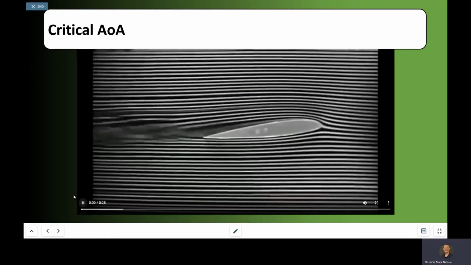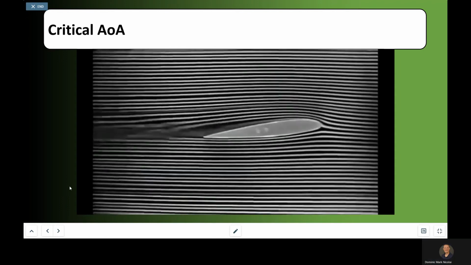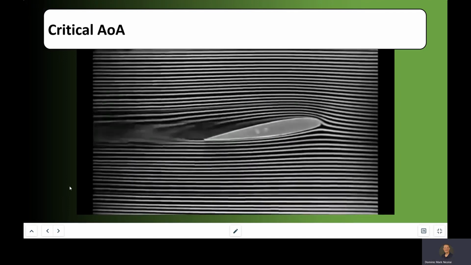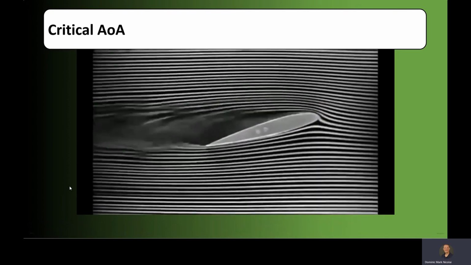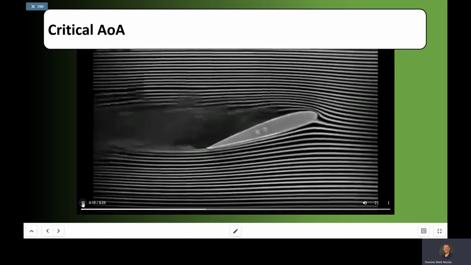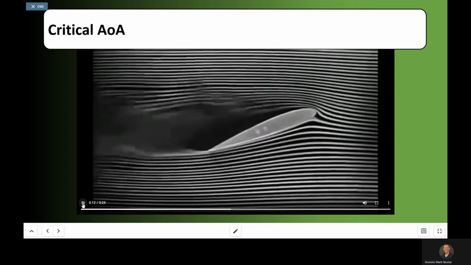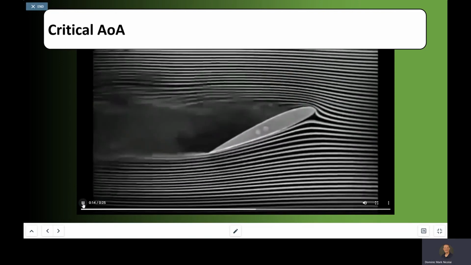When we have an airfoil that reaches a greater angle of attack, it's producing more lift up until its critical angle of attack, where we have a complete separation of the airflow. We still have a little bit of lift being developed in the beginning, but for the most part, we've reached that critical angle where we've now separated, and you can see all the turbulent eddies downstream from it.